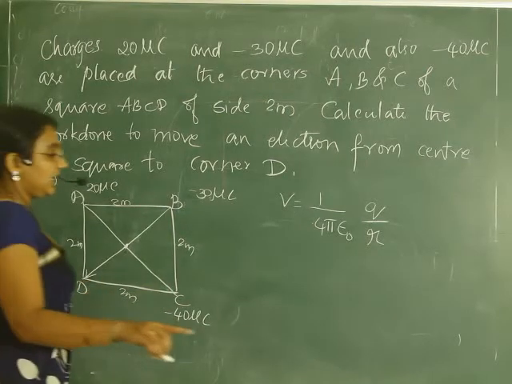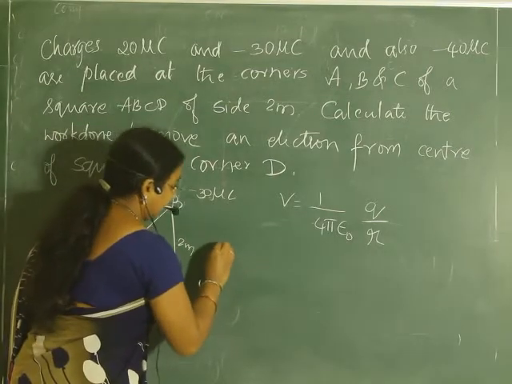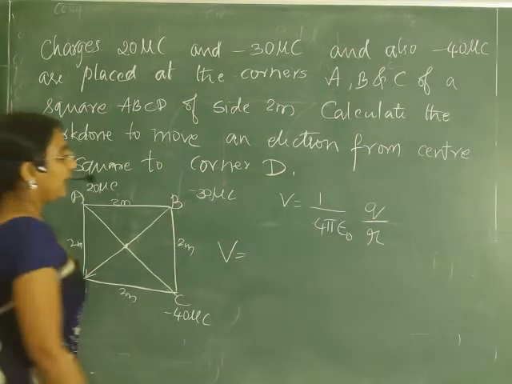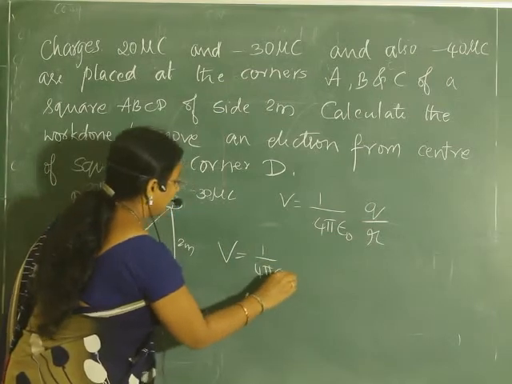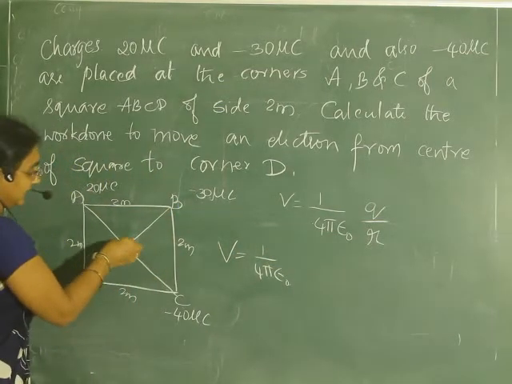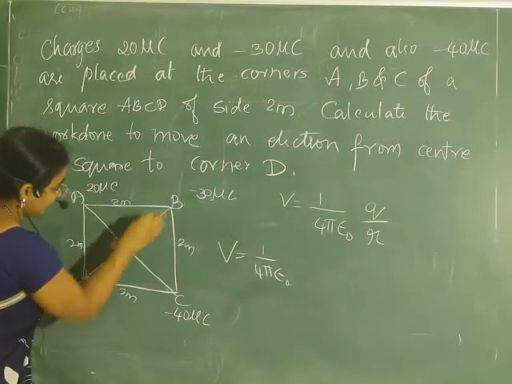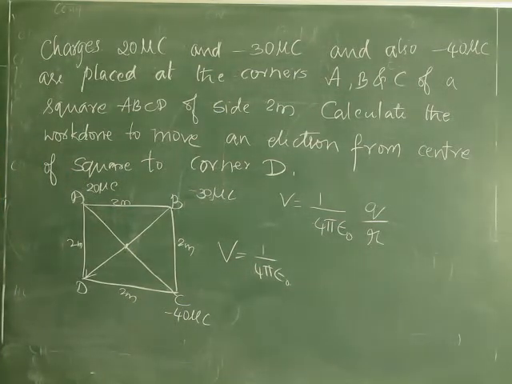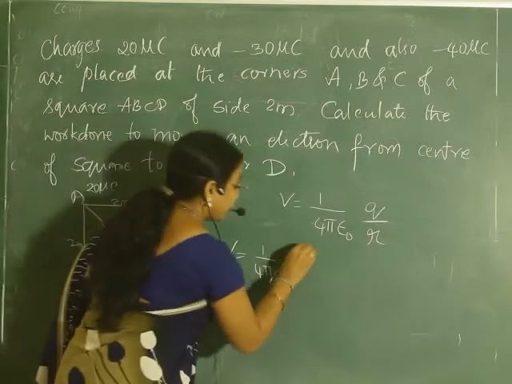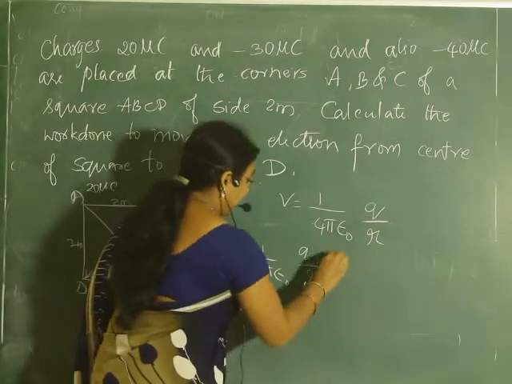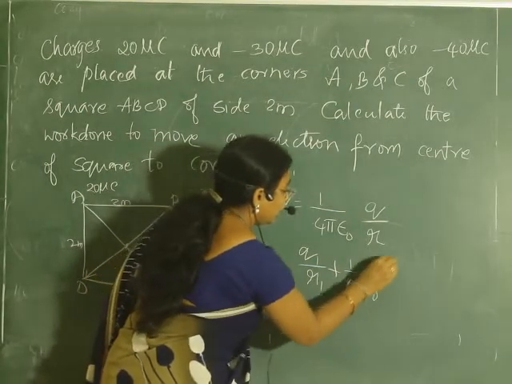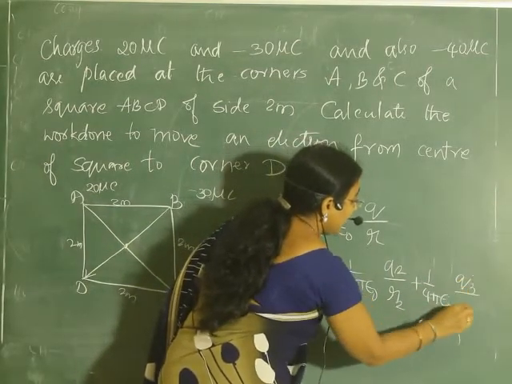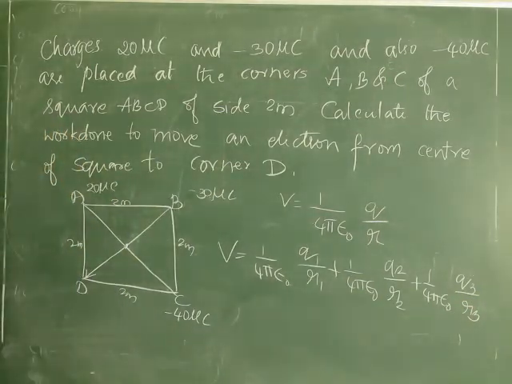So total potential according to the superposition principle, I can write, total potential due to all these three charges is equal to 1 by 4 pi epsilon naught Q1 by R1 plus 1 by 4 pi epsilon naught Q2 by R2 plus 1 by 4 pi epsilon naught Q3 by R3, acting at this point, due to this one at this distance, due to this one at this distance. But we don't know what R1, R2, R3 are.